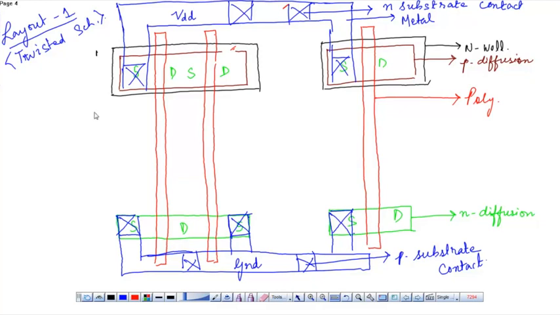Now this drain is connected to the common drain.